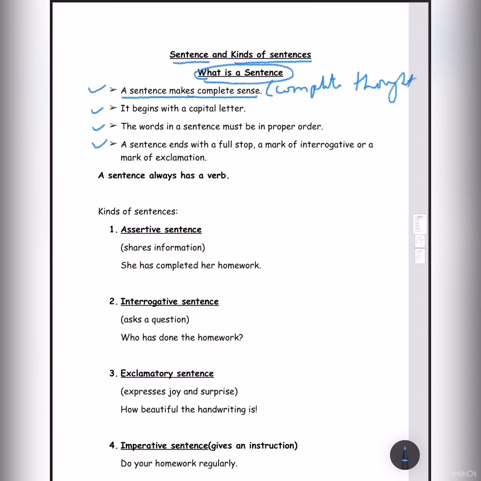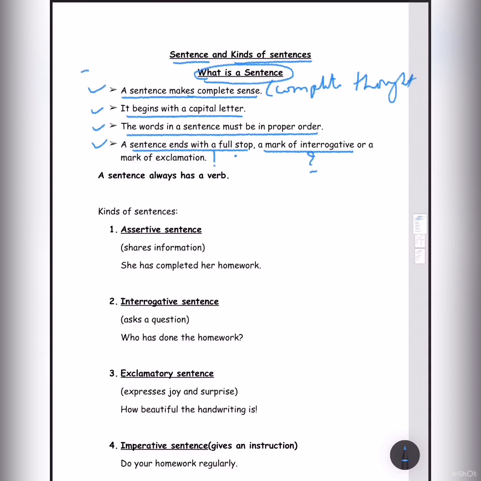Second, it always begins with a capital letter. Third, the words in the sentence must be in proper order. Fourth, a sentence ends with a full stop, a mark of interrogative, or with an exclamatory mark.